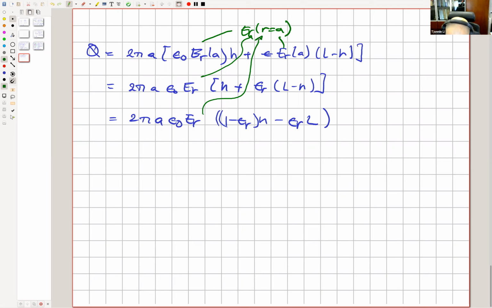So we can reshuffle this in such a way that we can now write E_r at r equals a as just Q divided by the rest. That would be 2 pi a epsilon naught, and 1 minus epsilon_r h minus epsilon_r L.